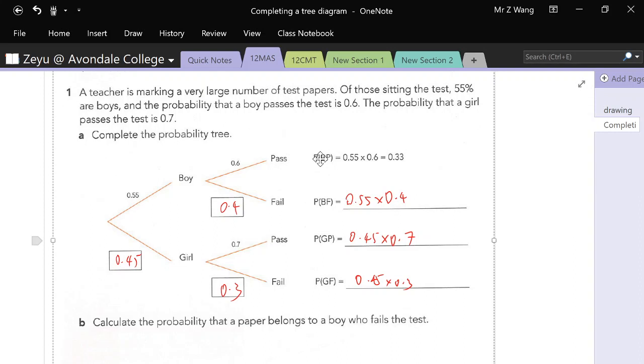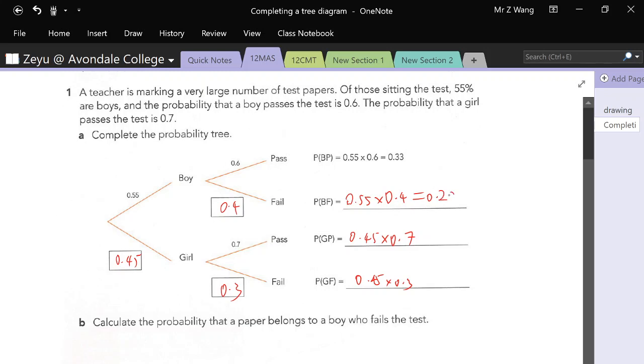Okay, so let me just calculate these values. 0.22. This is 0.45 times 0.7, so this is 0.315. And this is 0.45 times 0.3, 0.135. Let's take a look at this last one. This means the probability of a girl and fail. 0.45 means the probability of a girl.